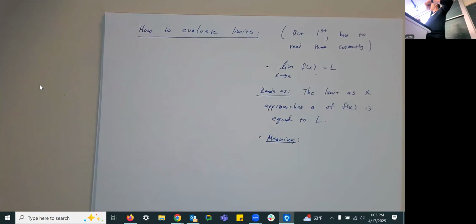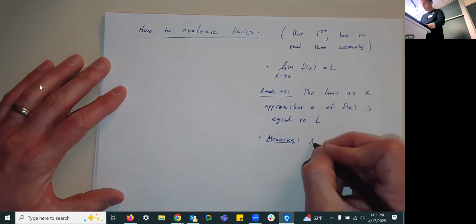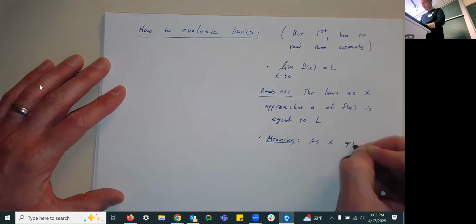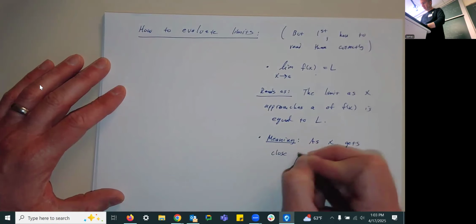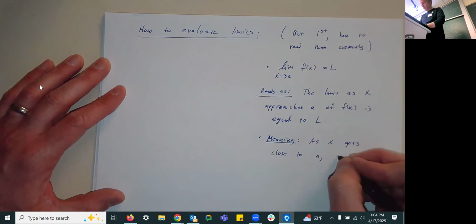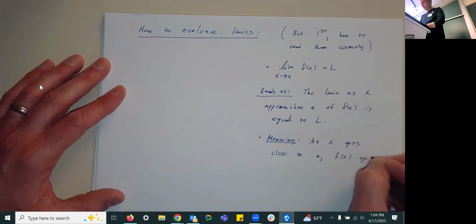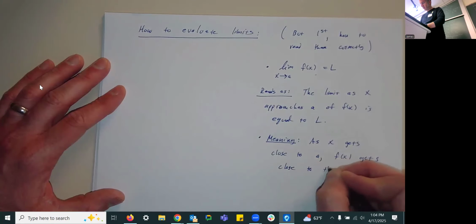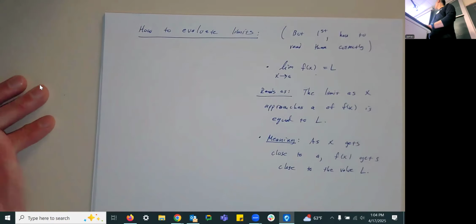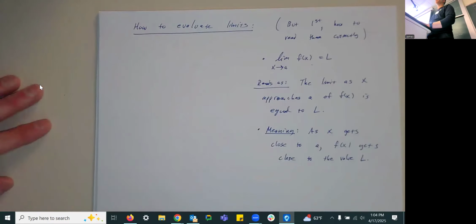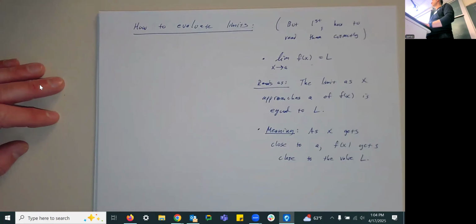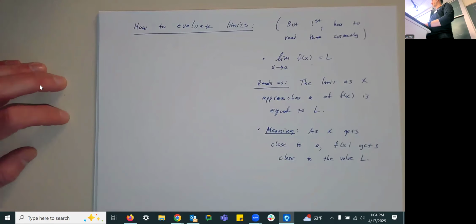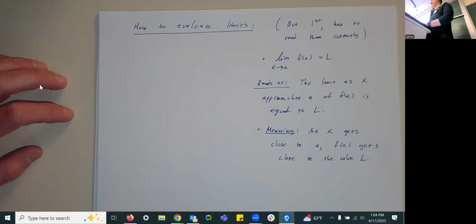As x is getting closer and closer to a, as x gets close to a, f of x gets close to the value L. How close? As close as you want. Just not actually there, right? There has to be some minimal difference between the two, but that's the idea.